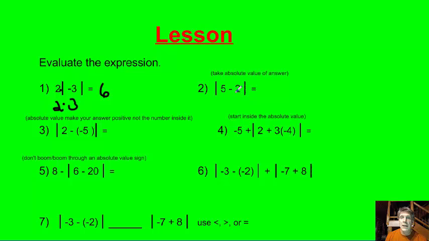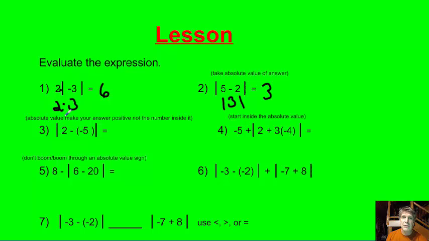All right, now we want to take the absolute value of the answer. We've got to get the answer first, and then take the absolute value, kind of like parentheses. You want to do what's inside it first. So 5 take away 2 is 3, so this is really the absolute value of 3. And the distance from 3 to 0 is 3. Pretty easy, huh? All right, let's keep moving.